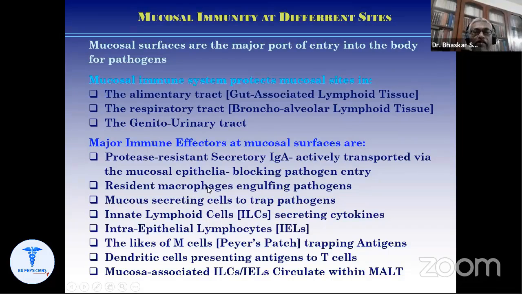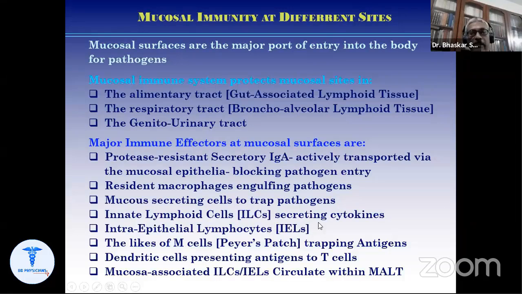So the macrophages have many different names depending on in which tissues they are, and in skin we call them tissue histiocytes. And then mucus-secreting cells to trap pathogens. For example, the goblet cells in the trachea, or the goblet cells in intestine.